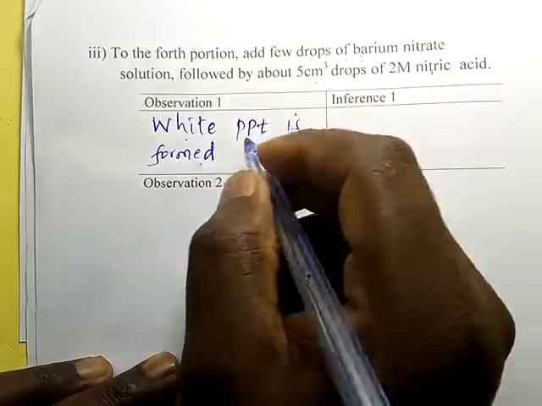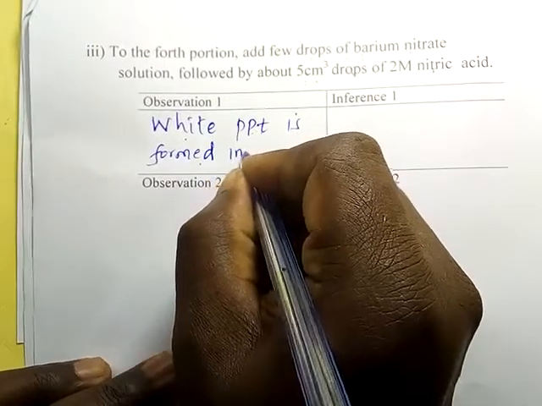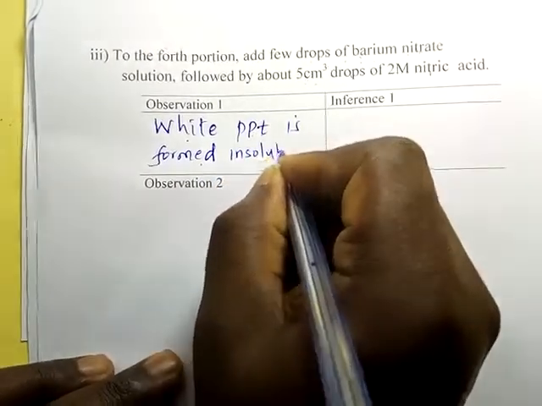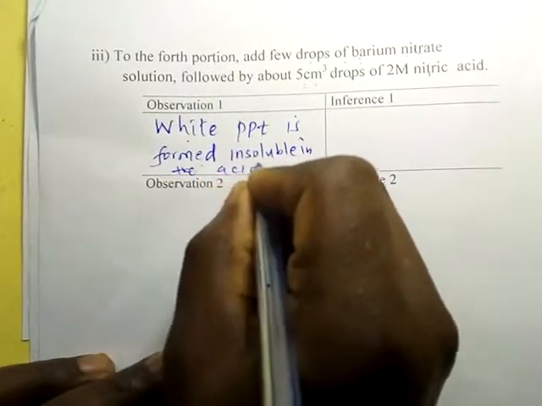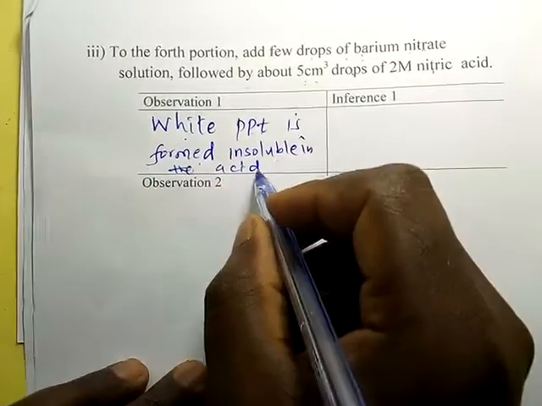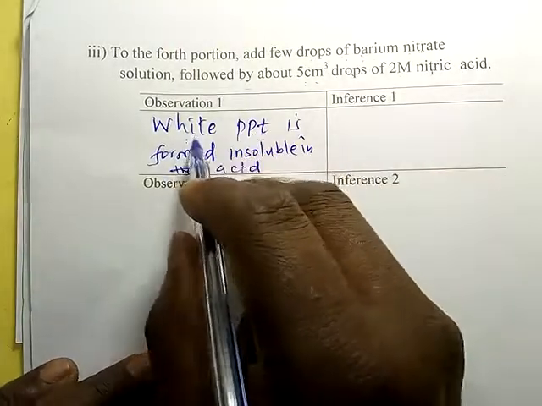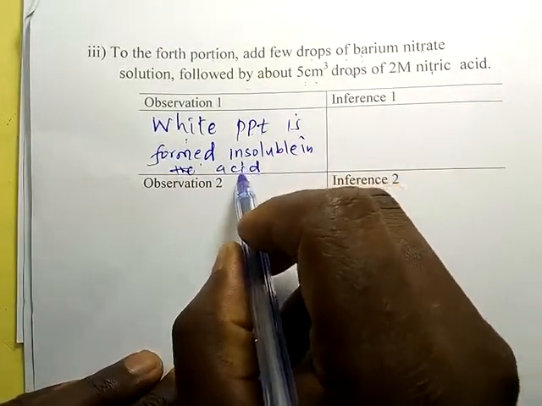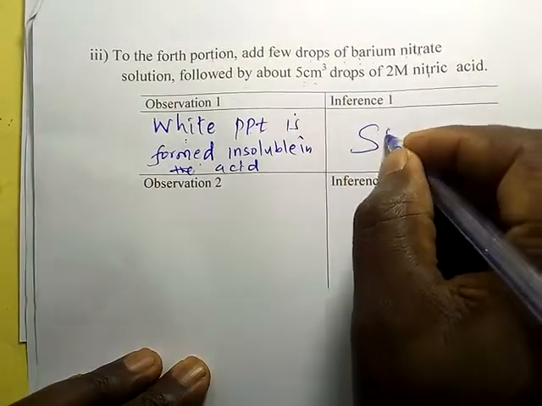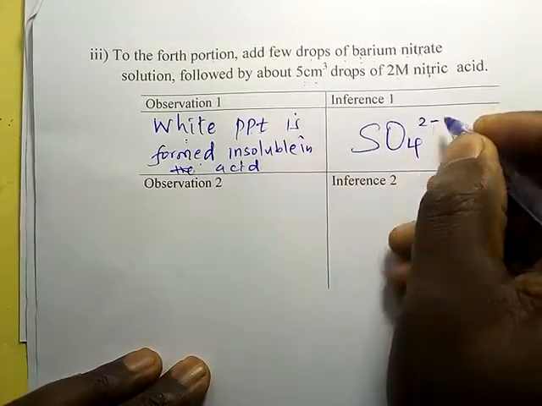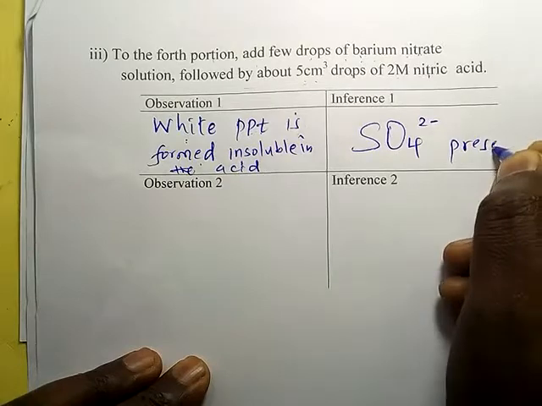The white PPT formed is insoluble in the acid. It means that the white PPT remains. The white PPT does not dissolve to form a colorless solution. So that simply confirms that sulfate 2- is present.